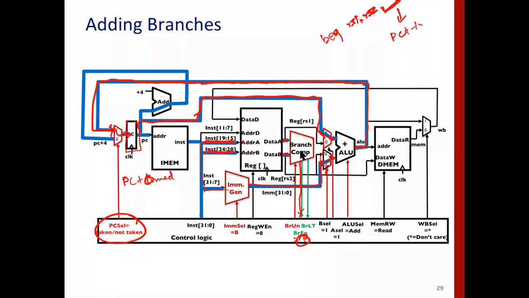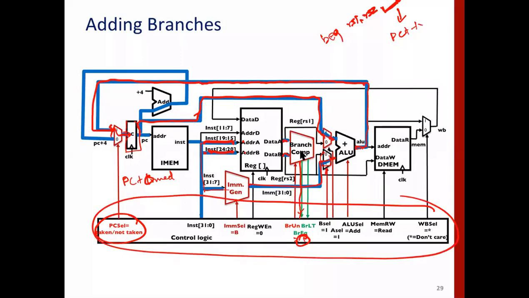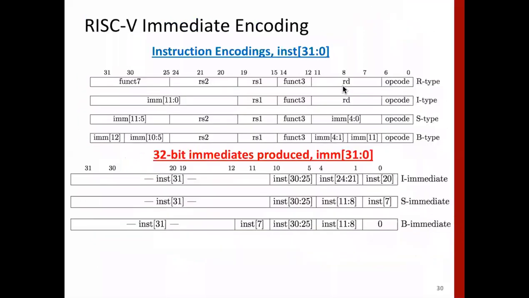So there is a very important role of the control unit in generating proper control signals to enable various multiplexers here, or inputs here, such that data movement happens. All right, so this is what we discussed earlier, how we generate the 32-bit immediate field from different instructions.